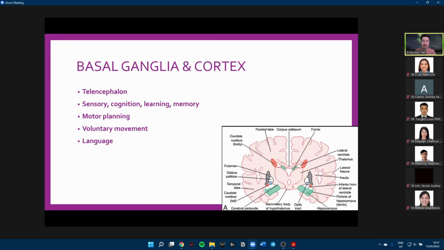I told you earlier, when I say ganglia, they are a group of cell bodies found outside the central nervous system. This is one exception. The basal ganglia, with the name itself ganglia, are a group of cell bodies found deep inside the central nervous system, deep inside the gray matter of the brain.